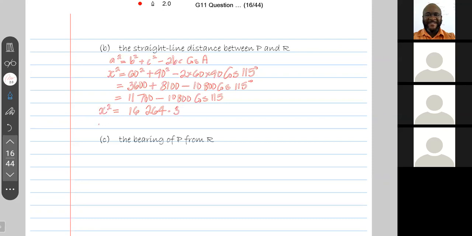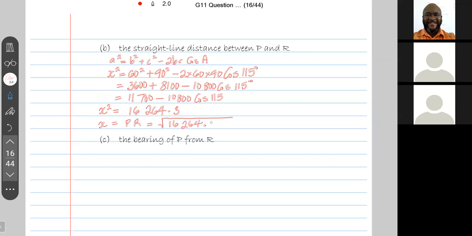The opposite of square, x, which is PR, is the square root of this. The square root of 16,264.3 is equal to 127.5, and I think they asked us for the nearest whole number.